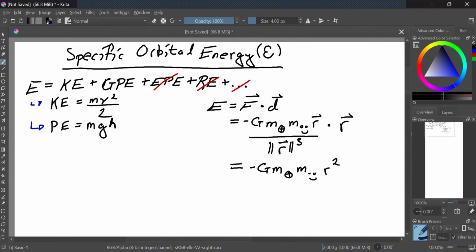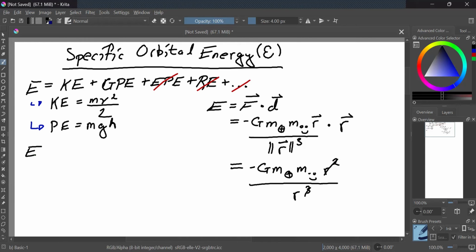Here, when you see a value dotted with itself, not only does it become a scalar, but it is squared. It is the square of that magnitude. And since I wrote the distance as a scalar up there, I'm going to write it as a scalar down here. We can see that we have terms canceling. So there you have it. Minus G times the mass of the host body times the mass of the satellite divided by the distance between them.